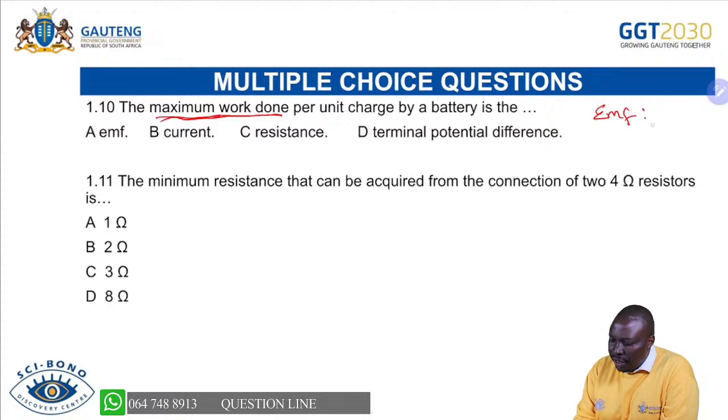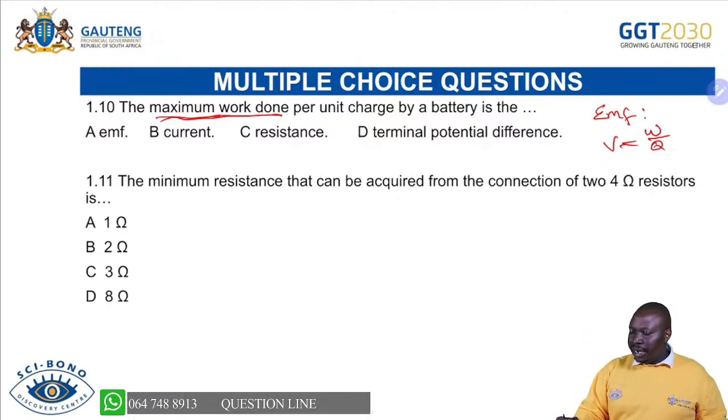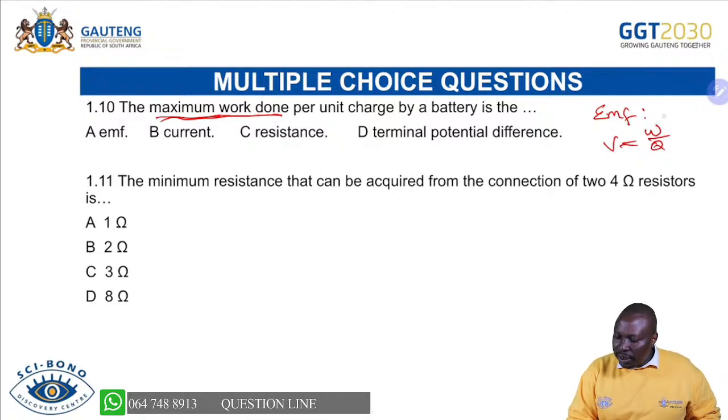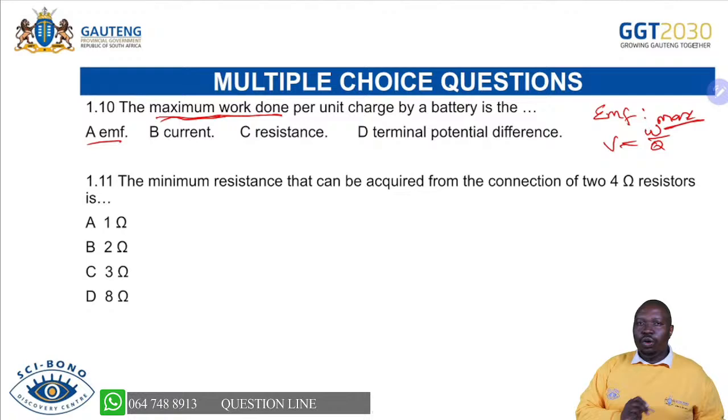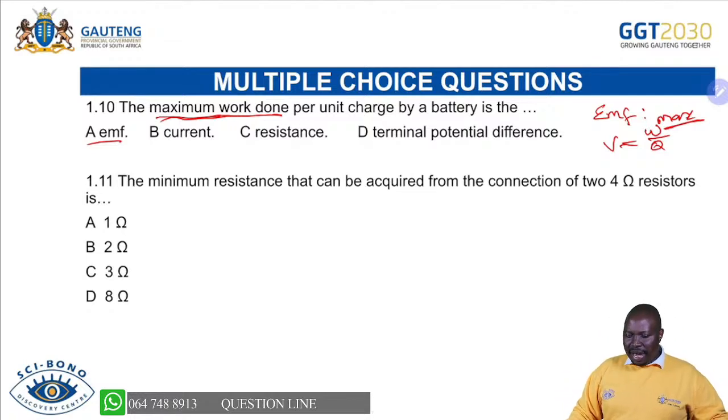Potential difference is W over Q, which is work done per unit charge by a battery. But immediately when you say maximum, we're talking about maximum energy provided by the cell per unit charge of a coulomb. We're referring to the EMF. So don't forget how to define this EMF and be able to get it as the correct answer. It's number A.